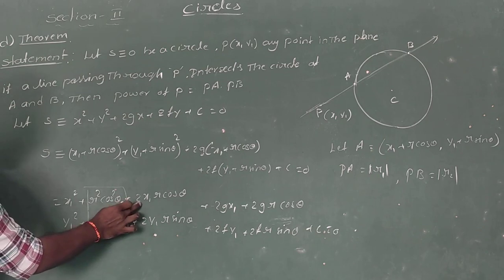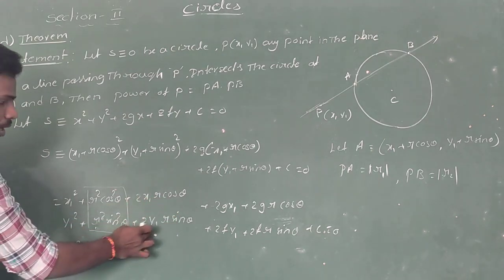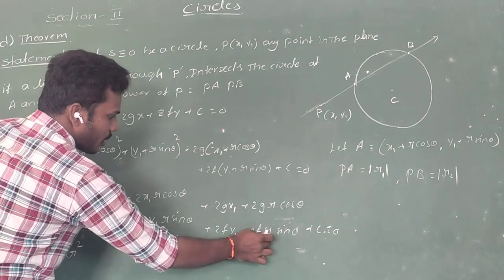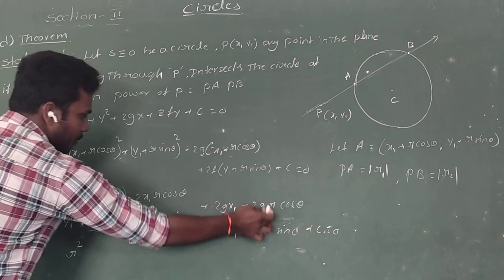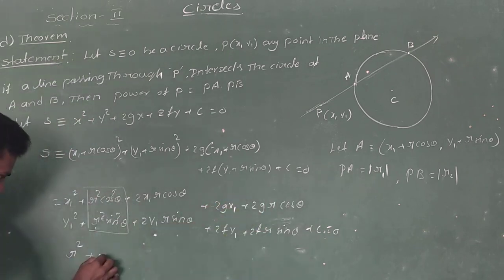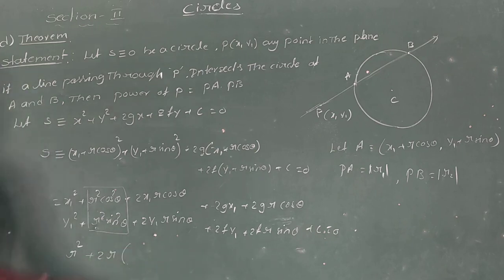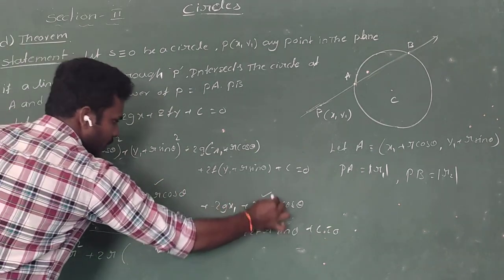Now here 2x1 r cos theta, 2y1 r sin theta, 2g r cos theta, 2f r sin theta. So r will be common here. 2r is common in these 4 terms: 1, 2, 3, 4.